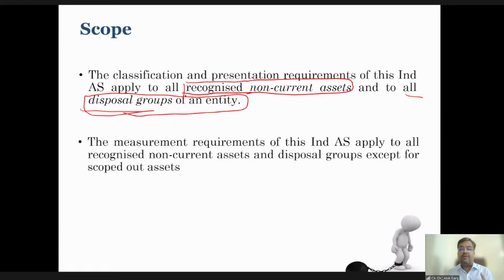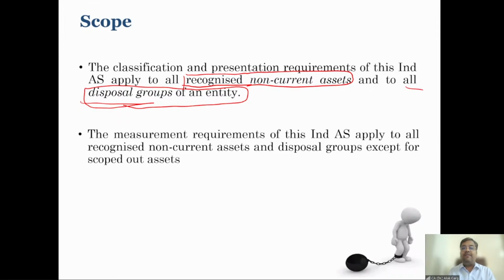Ind AS 1 talks about the classification of an item as current and non-current depending on the 12 months period and operating cycle both. Right, Sumit? Clear, guys? Okay. So that's what is written here. The classification and presentation requirement of this Ind AS 105 applies to all recognized non-current assets and to disposal groups of the entity, provided some conditions are met.